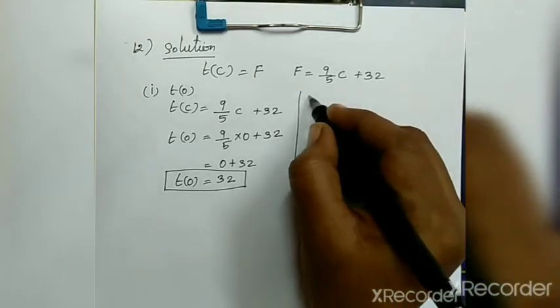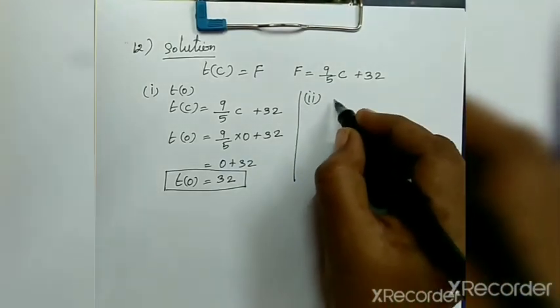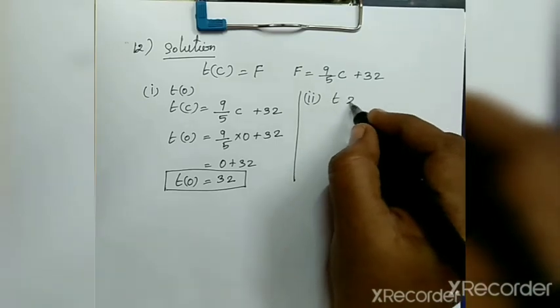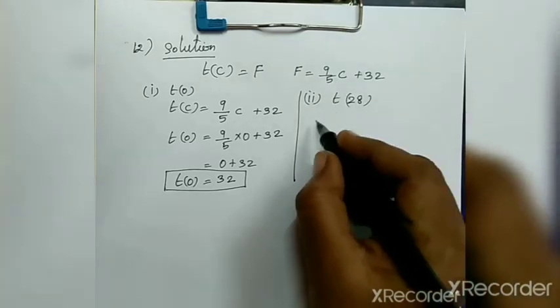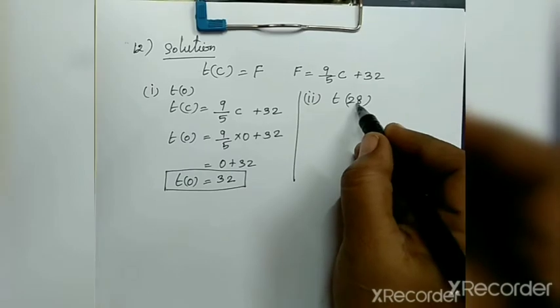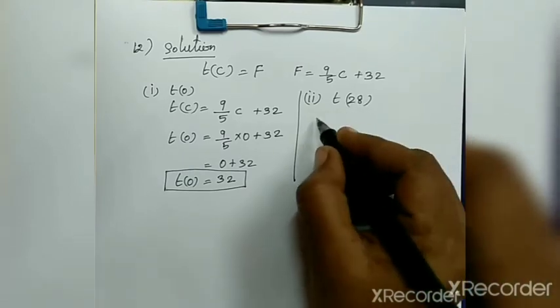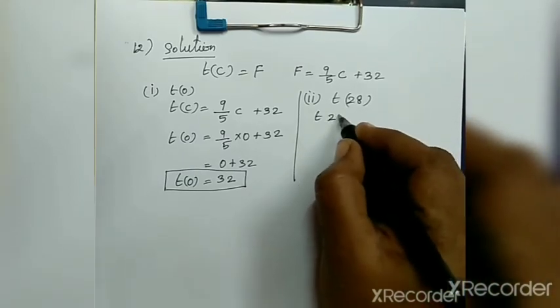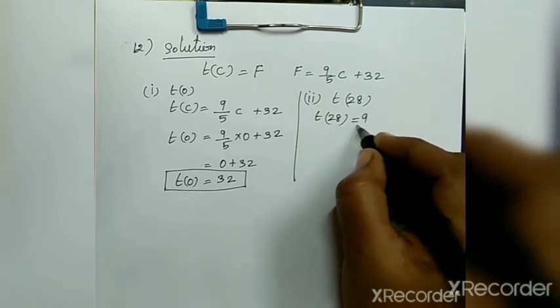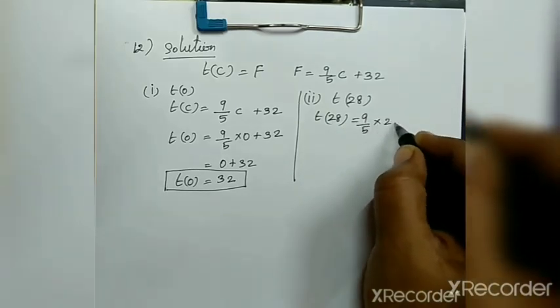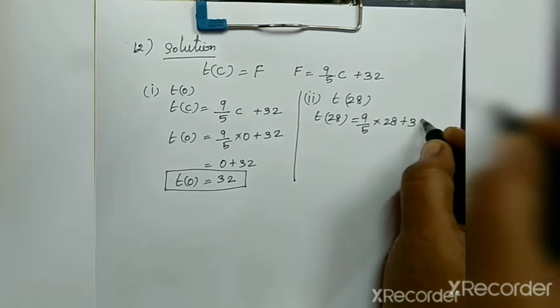Next, the second question, we have to find the value of T of 28. Like this, we substitute 28 instead of C. So T of 28 equals 9 by 5 into 28 plus 32.